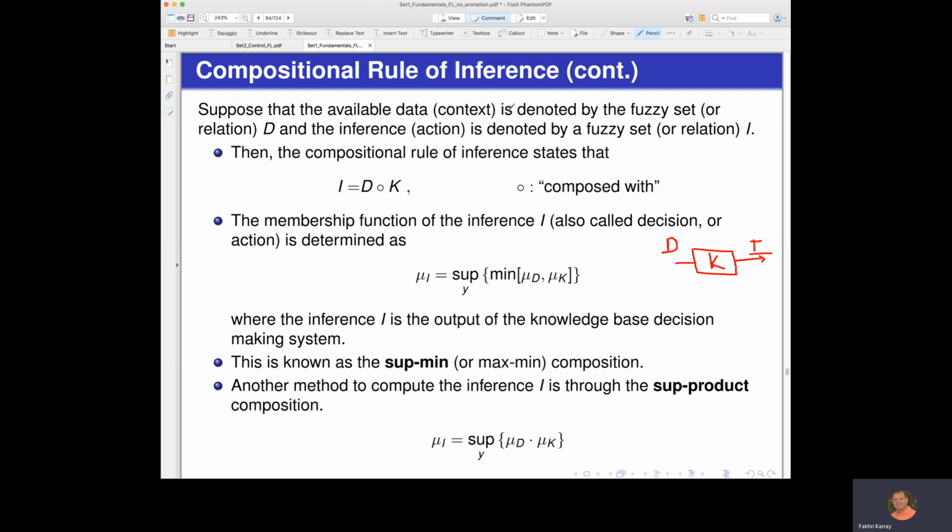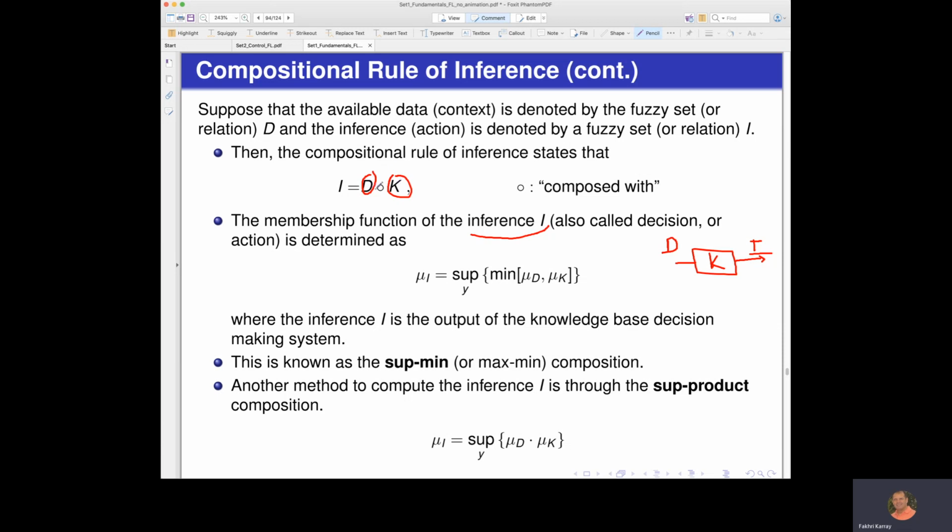So suppose that the available data is denoted by a fuzzy set or a relation, which is given by D. So this is the context, okay? And this is the engine. In order for us to obtain this particular inference, the compound inference component, which is known as inference I, we are going to subject the data to the engine.